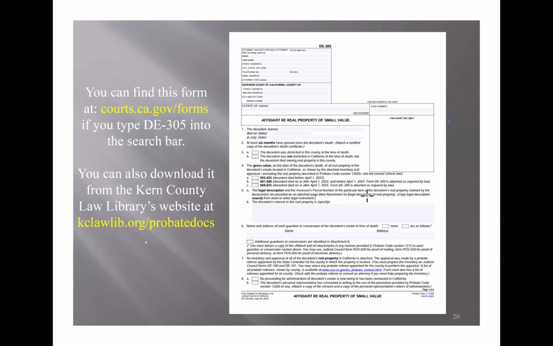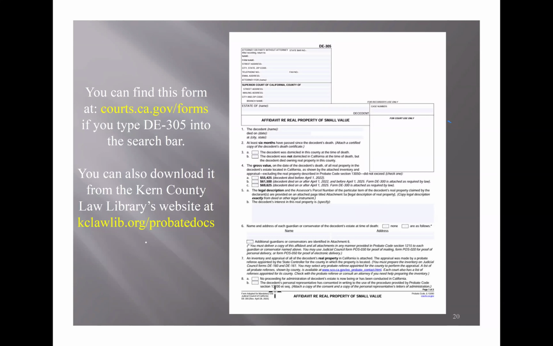You attach the original inventory and appraisal as signed by all the people inheriting and the probate referee. And then under 8, you answer the questions whether there was any type of probate proceeding, other than this form you're filling out, being conducted in California.